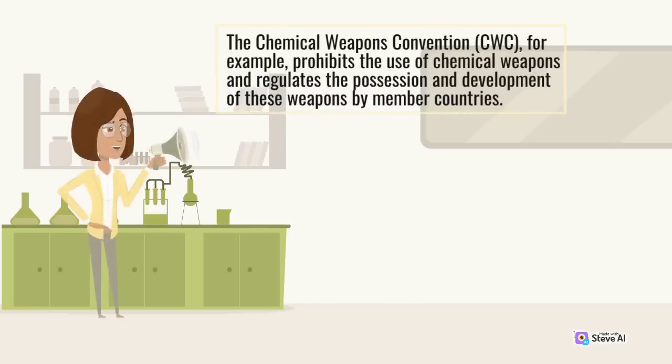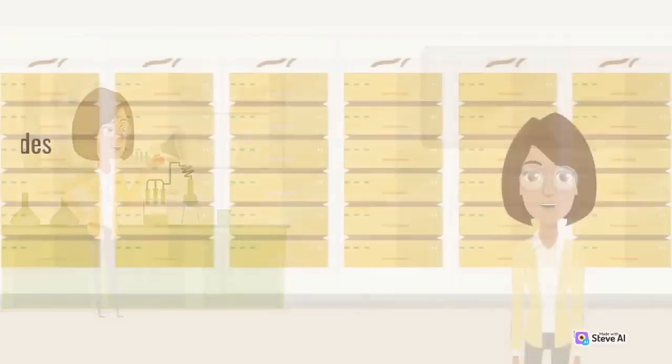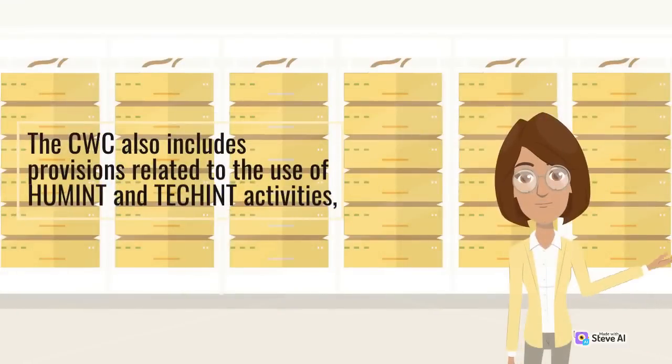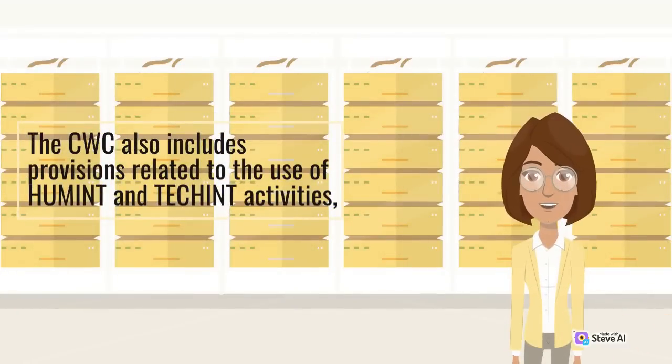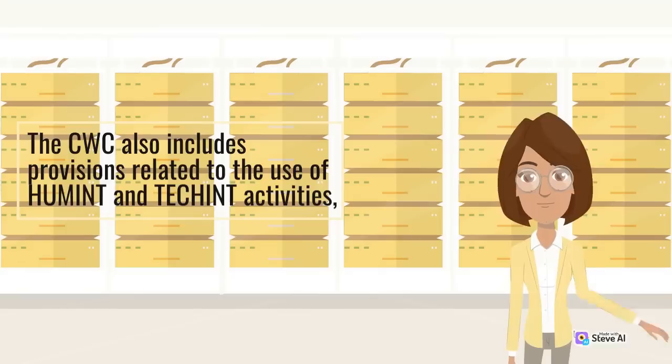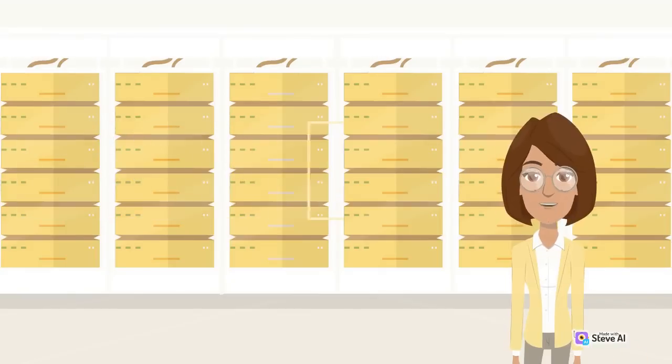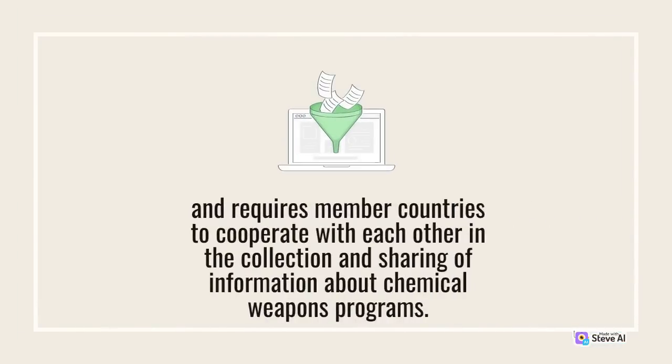The Chemical Weapons Convention, CWC, for example, prohibits the use of chemical weapons and regulates the possession and development of these weapons by member countries. The CWC also includes provisions related to the use of HUMINT and TECHINT activities, and requires member countries to cooperate with each other in the collection and sharing of information about chemical weapons programs.